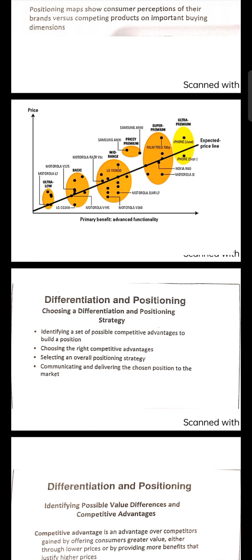So that's why with the iPhone, they built a brand that is a higher status. Then a lot of consumers want to own the iPhone. Okay, so they positioned the iPhone as a higher status. Okay, so the expected price line. Okay, so the horizontal is the benefit, the functionality of the phone.